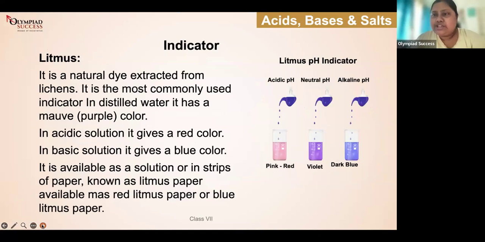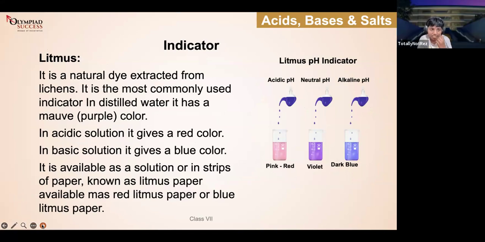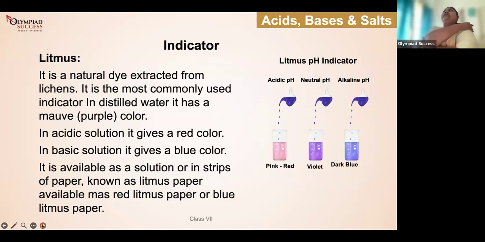Now moving on, the next naturally occurring indicator is litmus. As the name suggests, it is extracted from an organism called lichen. Turmeric turns yellow with acid, and red with base.